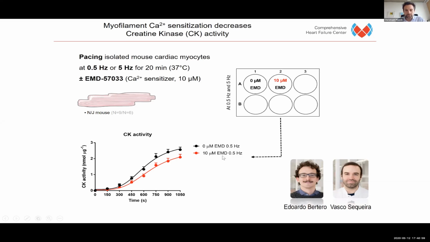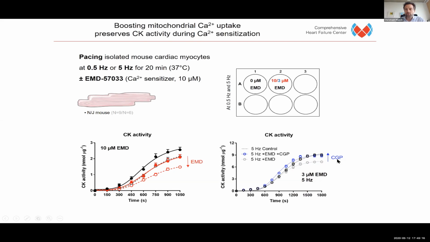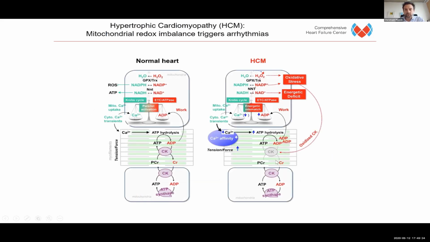And they found that calcium sensitization was able to lead to an inactivation of creatine kinase, which could be exaggerated by higher stimulation frequencies, and which could be blunted by co-incubation with CGP, the inhibitor of the mitochondrial sodium-calcium exchanger. And this is just a small piece of the data he has.